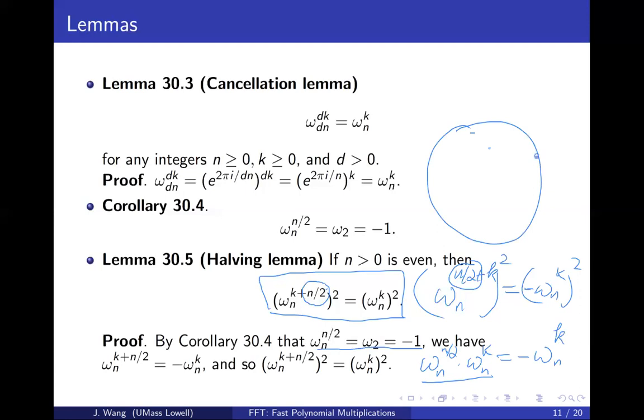So if omega n to the k is here, then you add n over 2 slots, right? So these two are equal under square. If you take square, if you got this, k plus n over 2, half by half, you take square, then these two are equal. Okay, so this is an interesting result.